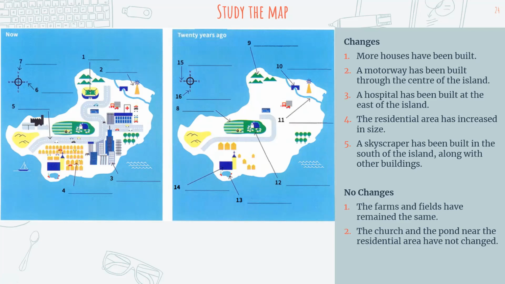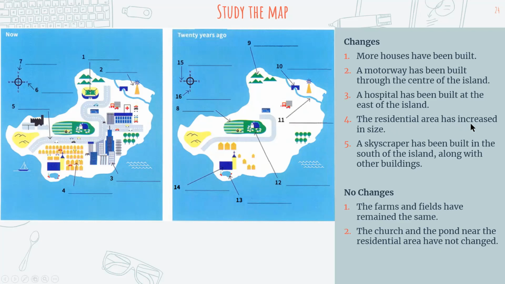Okay, so the first change, we have more houses have been built, and a motorway has been built through the center of the island. Of course, this is an island, as you can see. It's surrounded by water. 3, a hospital has been built at the east of the island. Okay, we have a hospital here at the east.